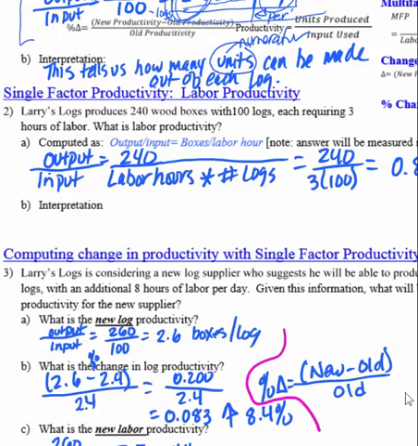So in this case we have to convert the logs into labor hours, and the way we do that is by multiplying the number of logs times the amount of labor per log.